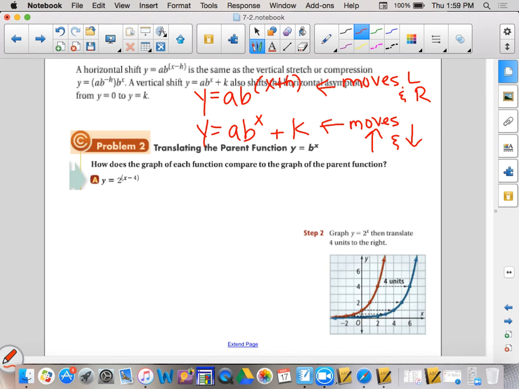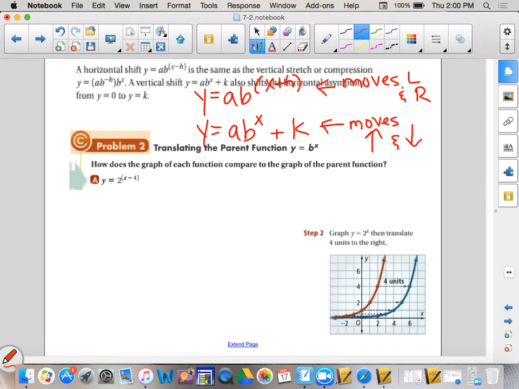In order to move the graph left and right, it's going to be within the exponent. In order to move the graph up and down, it's going to be after the exponent.